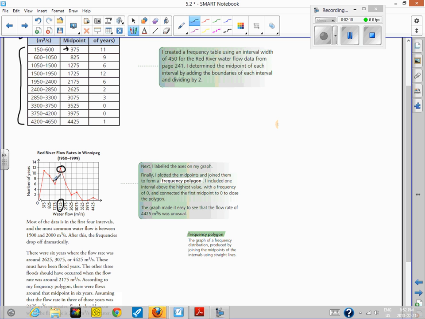Now after that, you see that we have our lowest frequencies. 2625 flow rates occurred twice. A flow rate of around 3075 occurred 3 times, in the middle here, between 2 and 4, so that one's 3. These didn't occur at all, and this one occurred once.